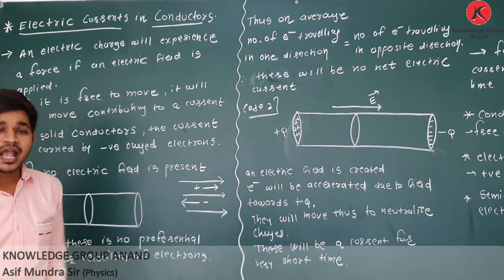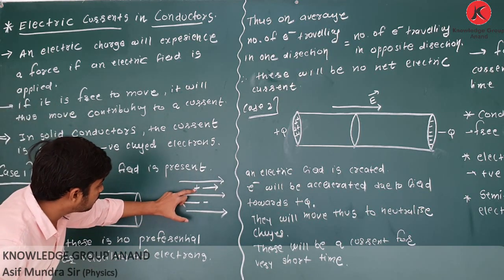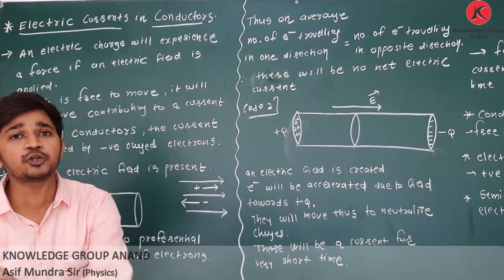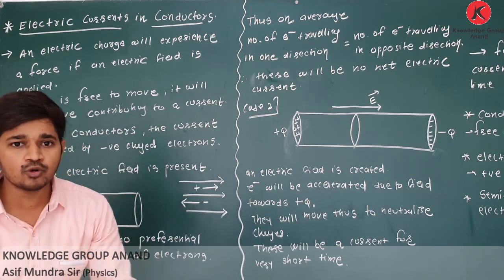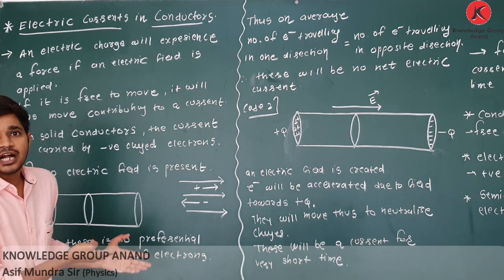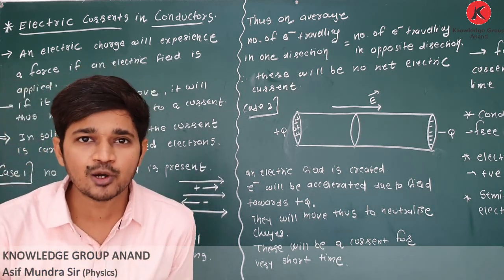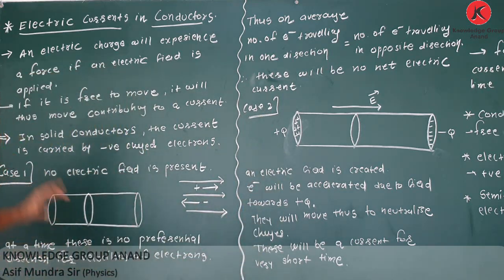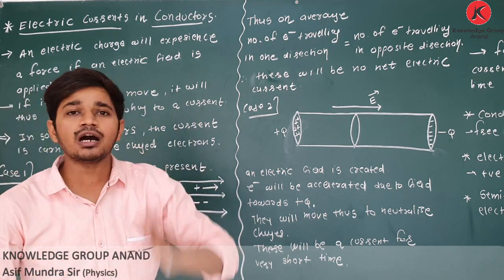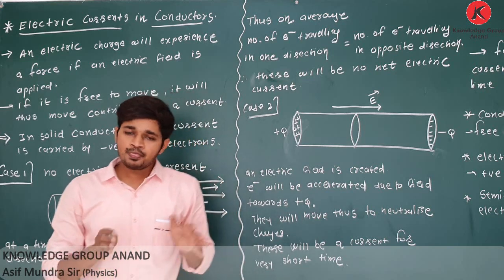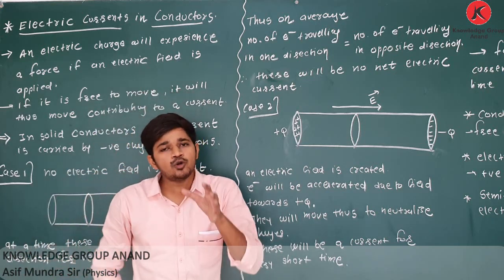If these positive and negative charges are free to move, they will move, and these charges in motion will constitute electric current. If it is free to move, it will thus move, contributing to a current. Clear about this?